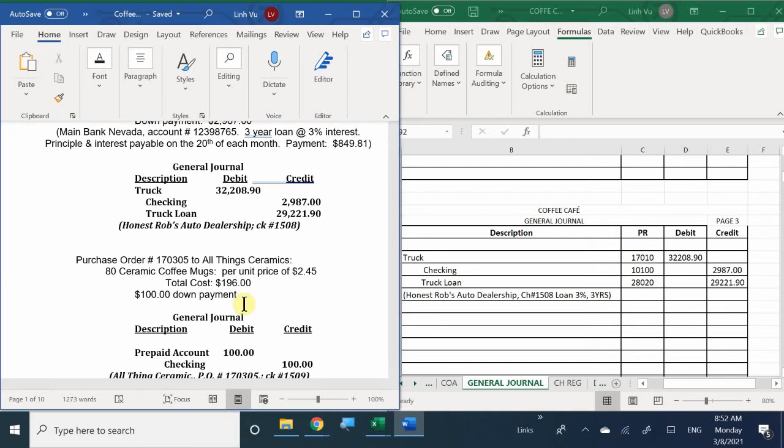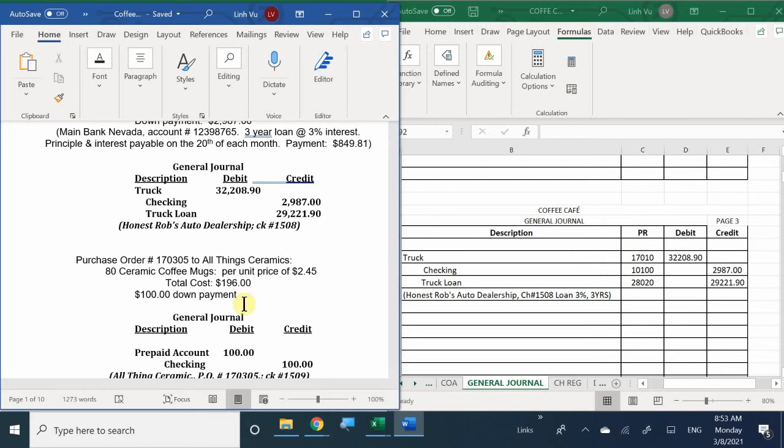We purchased 80 ceramic coffee mugs. Okay. Now, question is, did we really purchase it or what did we do? We ordered it. We only ordered it. So, what is what? Made a down payment.